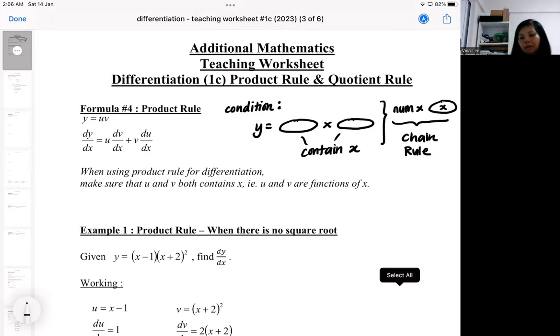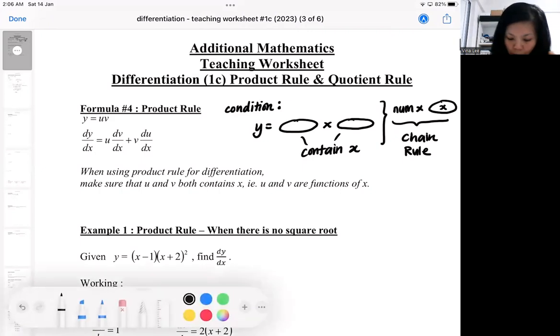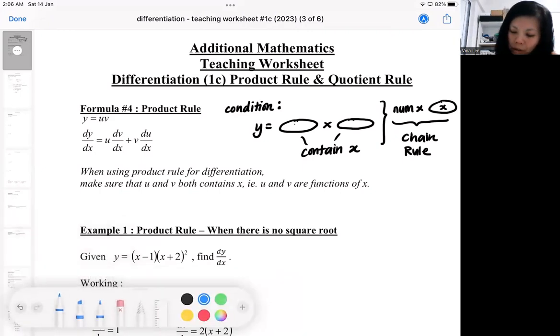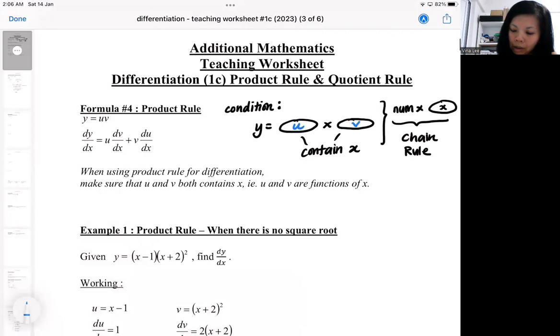We'll use this when there's a product and the first function contains X, the second function also contains X. We will treat the first function as U, and the second function as V. So we will have it in UV format. Don't try to change the alphabet. So this will be the formula.